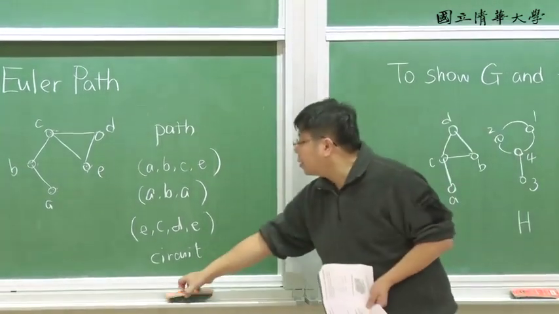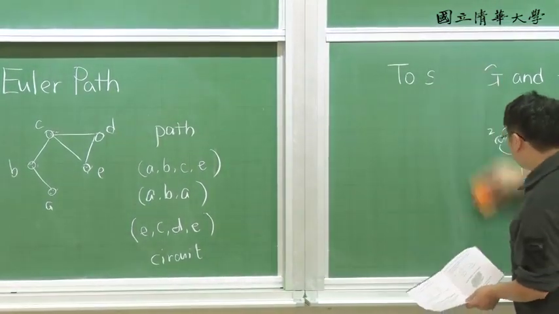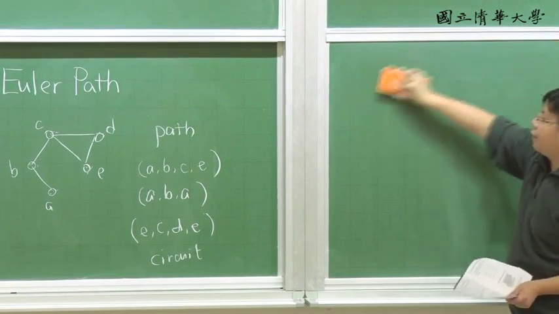Okay, so now what is an Euler path and what is an Euler circuit? We are going to define 2 new concepts.